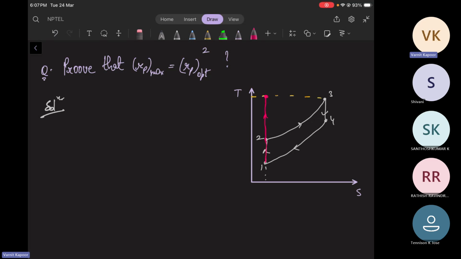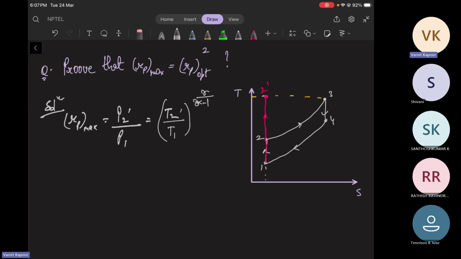So maximum pressure ratio means the maximum pressure after the compression can be reached and the maximum temperature it will reach is temperature 3. So this is 2 dash. RP maximum will come when it is P2 dash by P1. And from the expression for the isentropic process, it is equal to (T2 dash by T1) to the power of gamma by gamma minus 1.